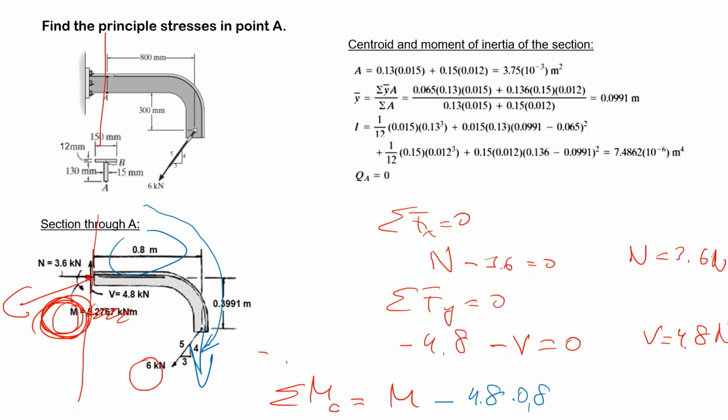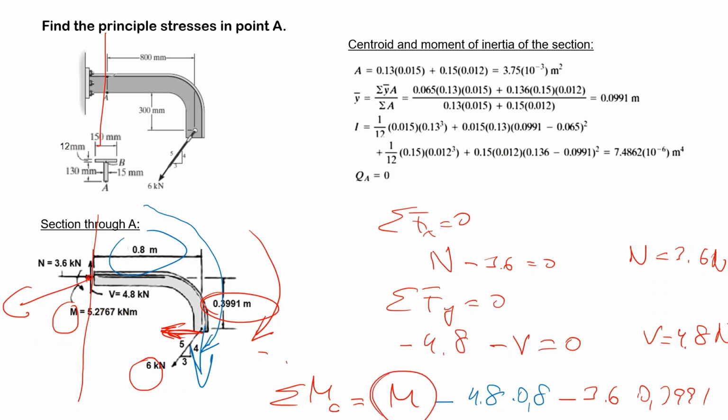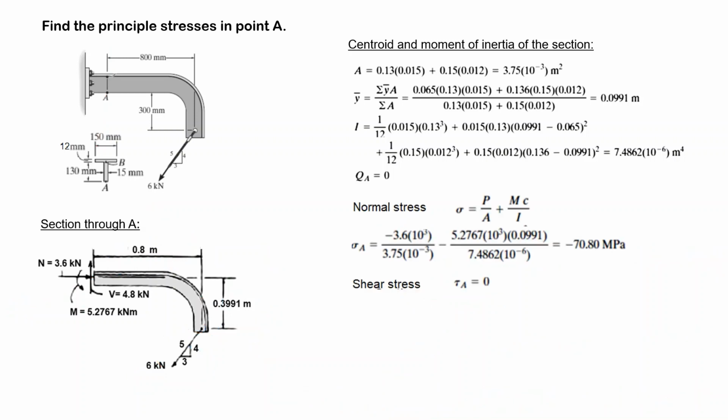And what about the other component? The other component is this one. It tries also to rotate in the same direction, minus 3.6 times 0.3991. So here you can calculate the M value, and you will find that M is equal to 5.37. You have your normal force, you have your shear force, you have your bending moment.